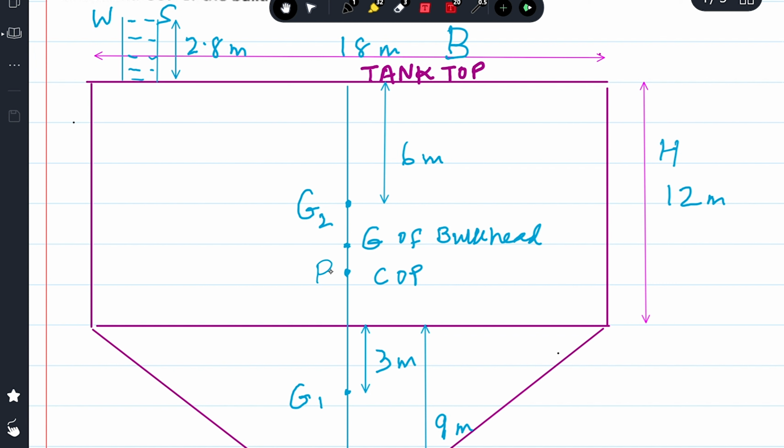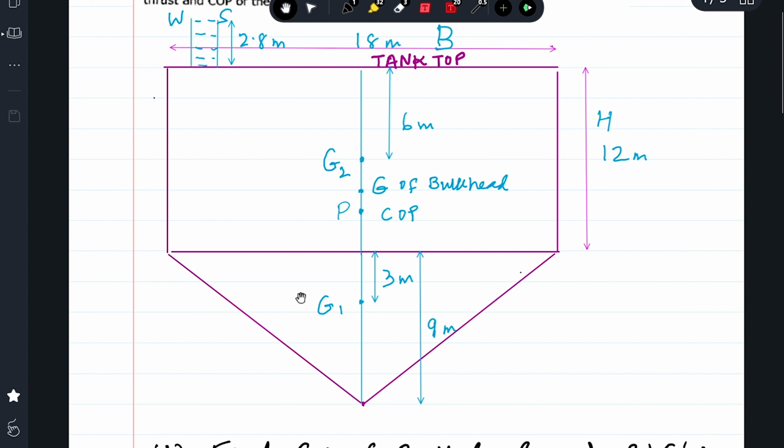Okay. Now, what is the centroid of this rectangle? Centroid of a rectangle is always half of the height. It's halfway from this side and halfway from the other side. So G2 is marking the centroid of the rectangle. The height of the rectangle is 12 meters, so centroid will be half, 6 meters from tank top.